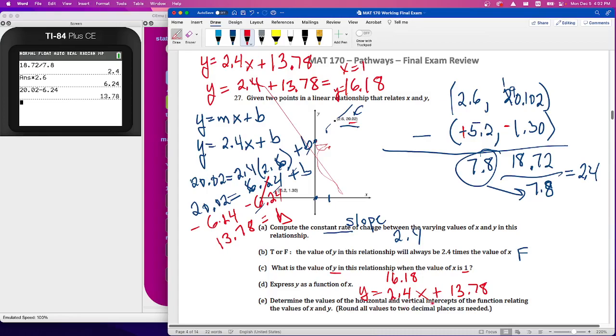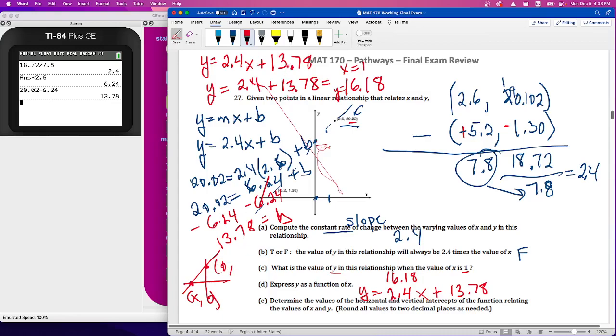Determine the values of the horizontal and vertical intercepts of the function relating the values of x and y. Horizontal intercept, that's going to be where y equals 0 and x is some value, so we'll figure that out. The y-intercept is where x equals 0 and y equals a value.